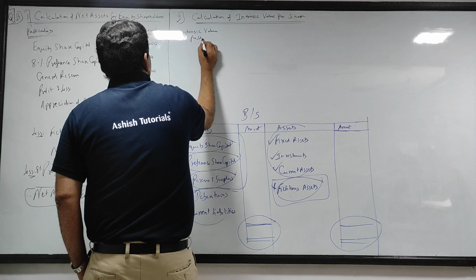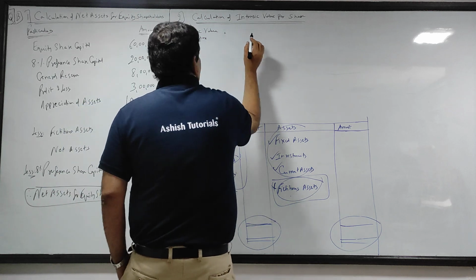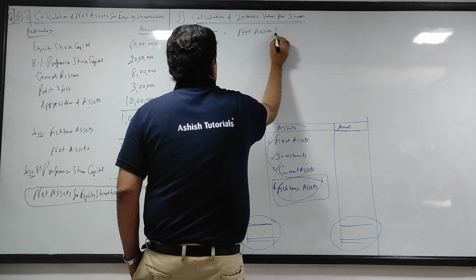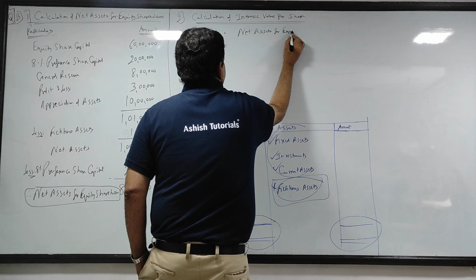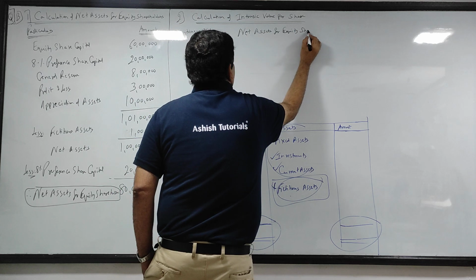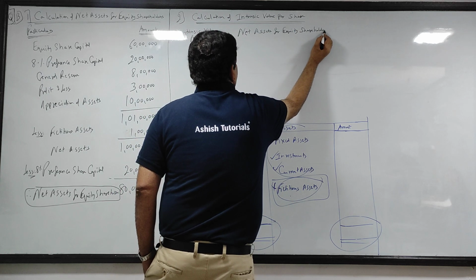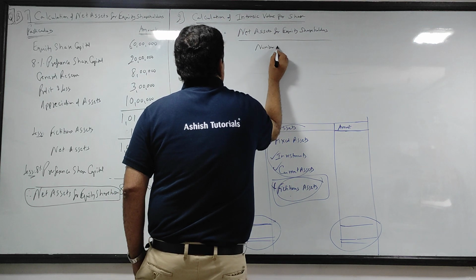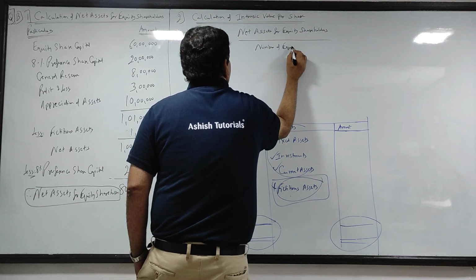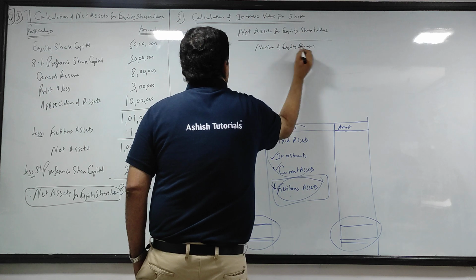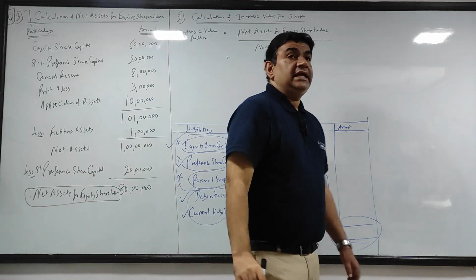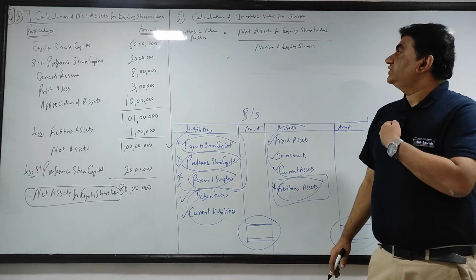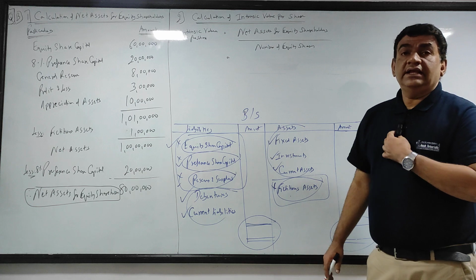Intrinsic value per share is equal to net assets for equity shareholders divided by number of equity shares.